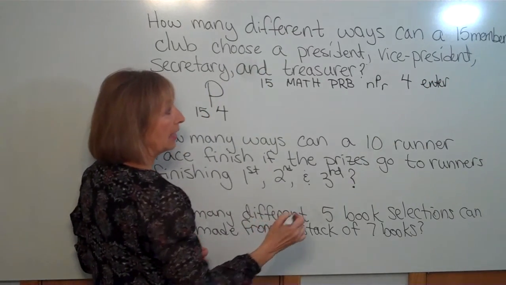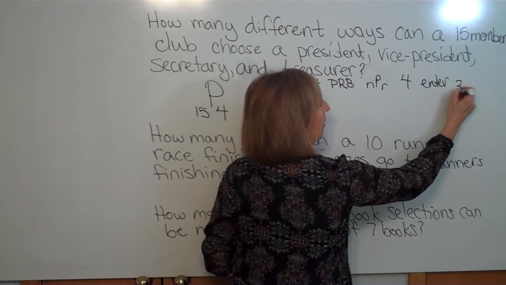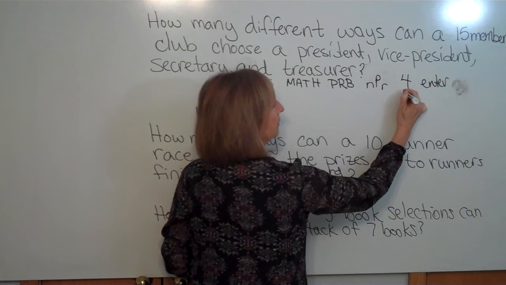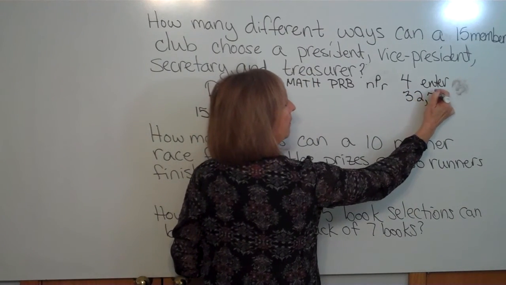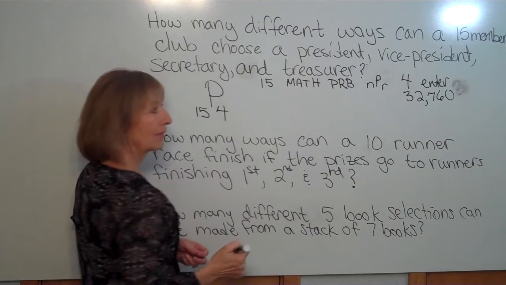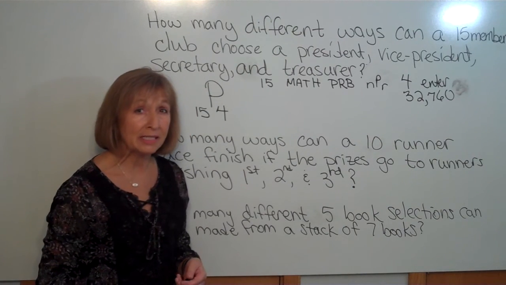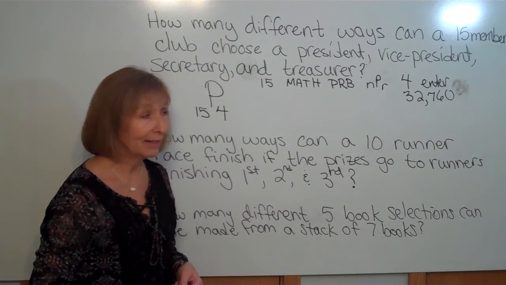And when I do that, I'll see 32,760. 32,760 different ways that can happen.